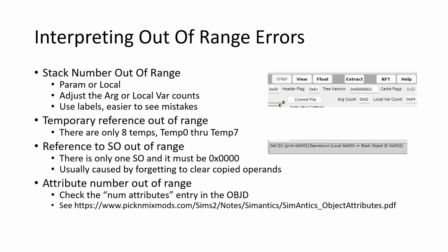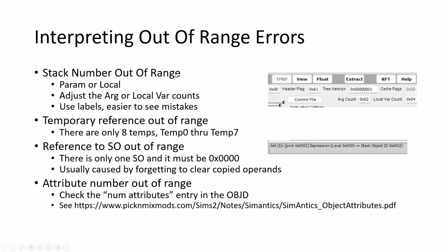When you come to look at them in the expression wizard, it will only show that there are labels for local 0 and local 1. It won't allow you to select something for local 2, or if you have, then it will show up as either blank or it will just be local 2 in brackets. So that's another good reason for using labels: it makes mistakes easier to find.